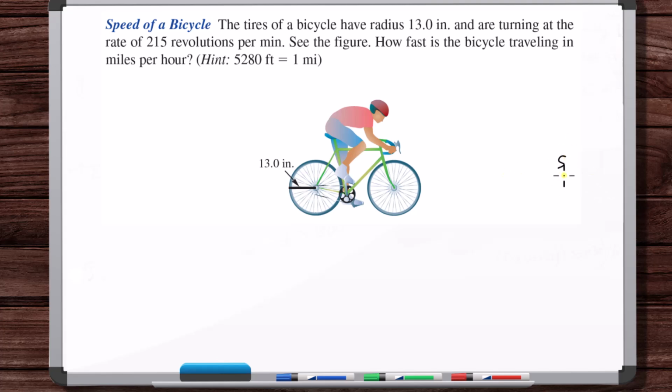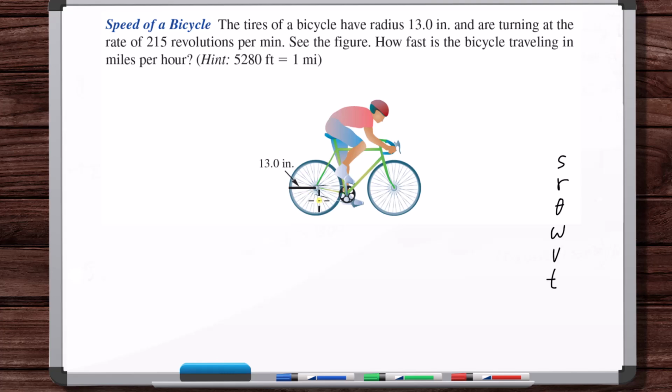There's arc length S, radius R, angle theta, angular velocity omega, speed, time, right? We already worked problems in previous videos where we were given some of these parameters and solved for the remaining parameters. So we can do that now, but how does that translate to how fast the bicycle is traveling? Like, what do we need to solve for?